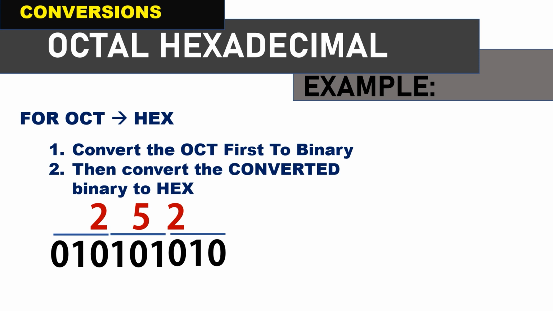In converting to hex, just remember that you're going to group it into 4. So you have 1010, which is A, and another 1010, which is A. Then you have another digit on the left, which is 0, and it has no value. So you will have 0 also.